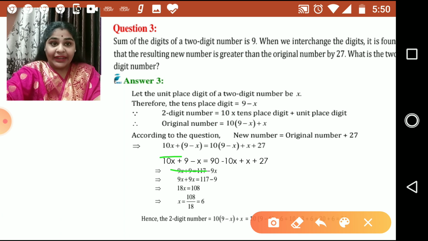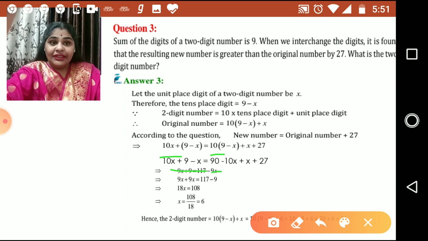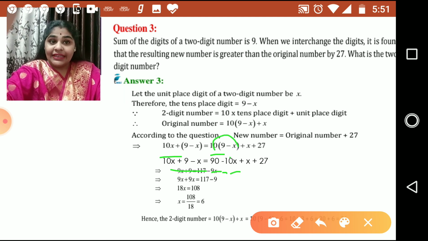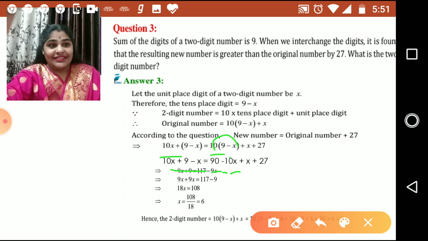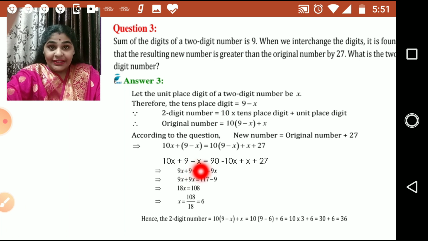We have removed the bracket here. On the right-hand side, 10 into 9 will be 90, minus sign, there minus sign, 10 into x will be 10x, plus x plus 27 as it is. In the next step, you can see here 10x minus x.